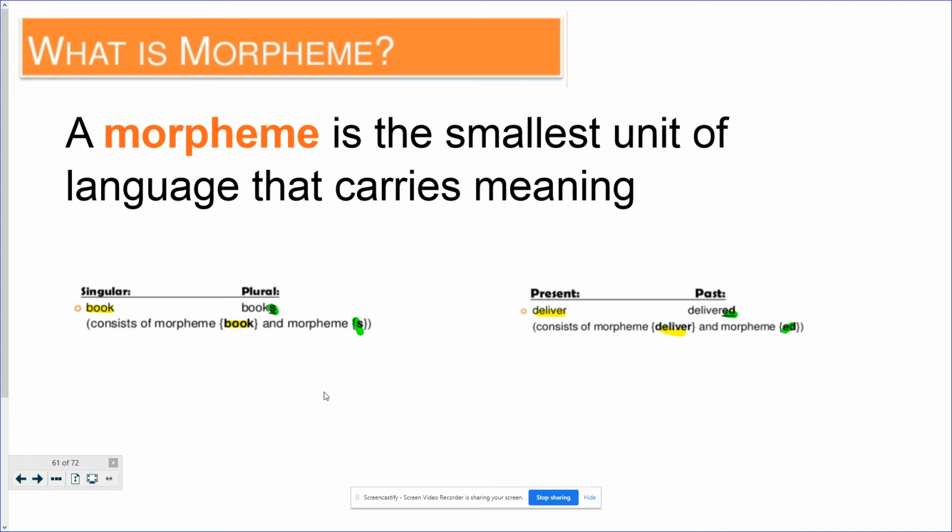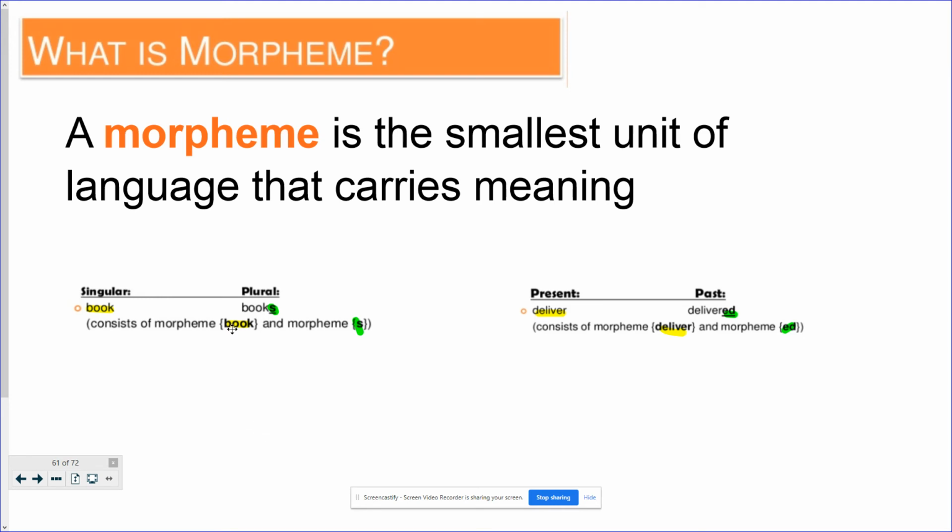Okay, so more lessons, like what is a morpheme? A morpheme is the smallest unit of language that carries meaning. So it's like the smallest part of letters together that actually means something. So if we look at book, that's a morpheme because it means something, and you can't get it shorter. Now, books is also a word, right? But you could break it up into two morphemes, book and the S, which makes it plural.